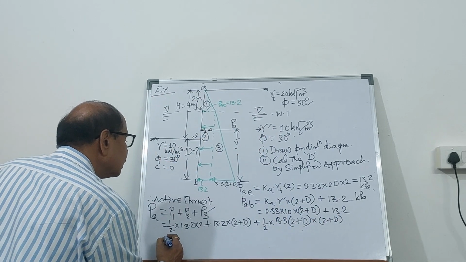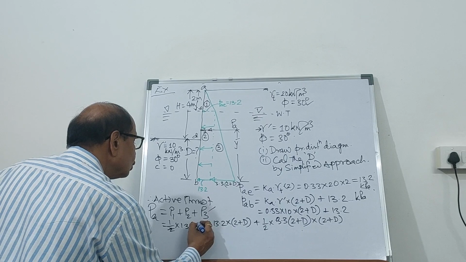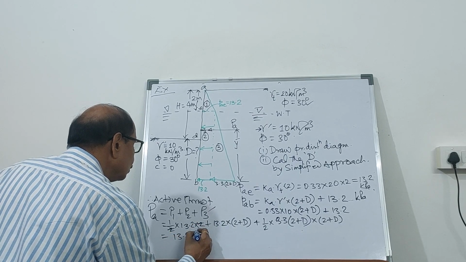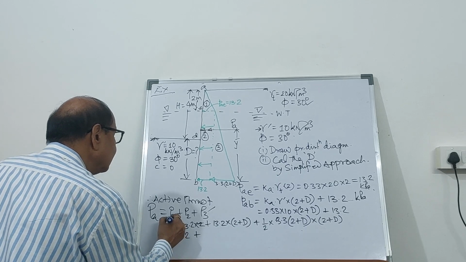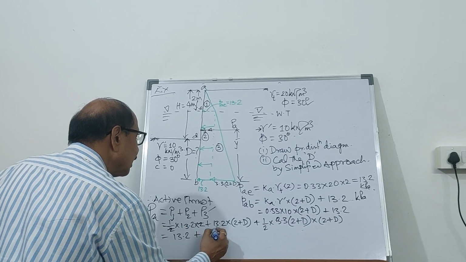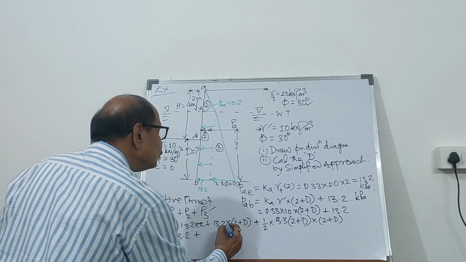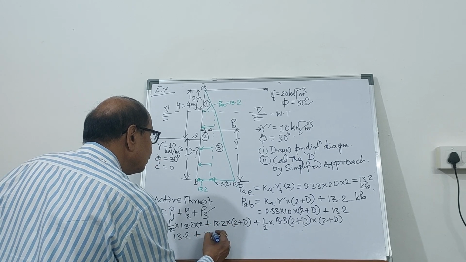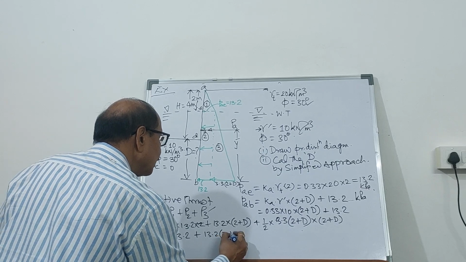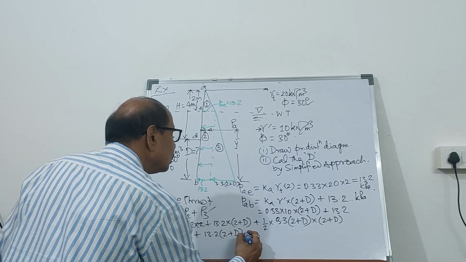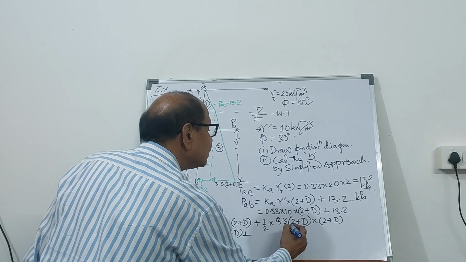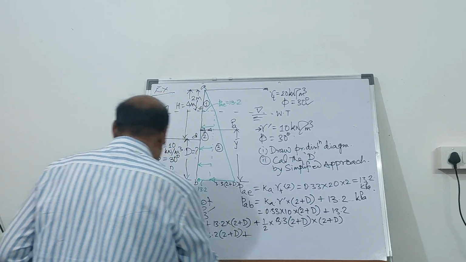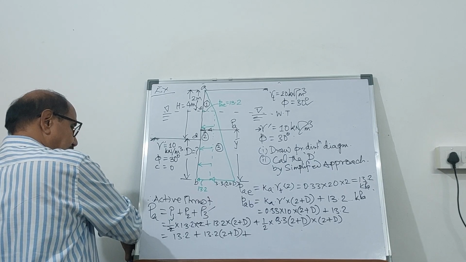Therefore, 2 goes out. This is 13.2, this is P1, plus P2 becomes 13.2 into 2 plus D. This is P2, plus this becomes 3.3 divided by 2.